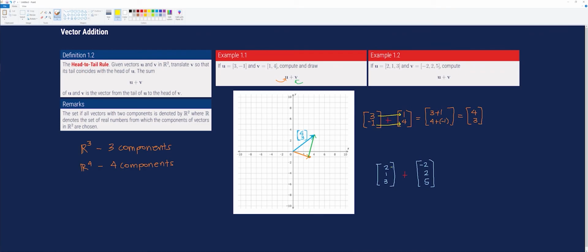So we will add the first components of the two vectors, the second components, and the third components. And that is equivalent to 2 plus 2, 1 plus 2, and 3 plus 5. Performing all the operations, that is equal to (4, 3, 8). So this is now the new vector.